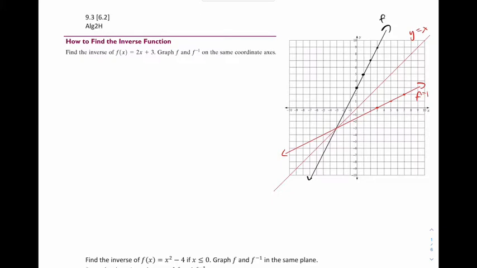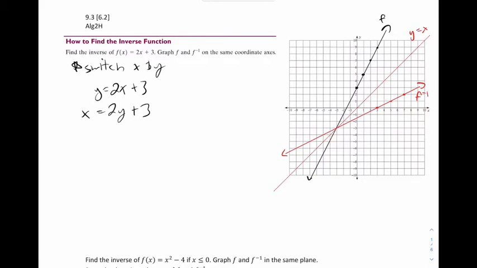Now I want you to also do it algebraically. So if you look at this thing, f of x equals 2x plus 3. The way you find the inverse algebraically is you simply switch x and y. Because if you think about what we're doing, I got these points by just flipping the x and y coordinates. So I'll do the same thing algebraically here. If y equals 2x plus 3, you switch it, so x would equal 2y plus 3.